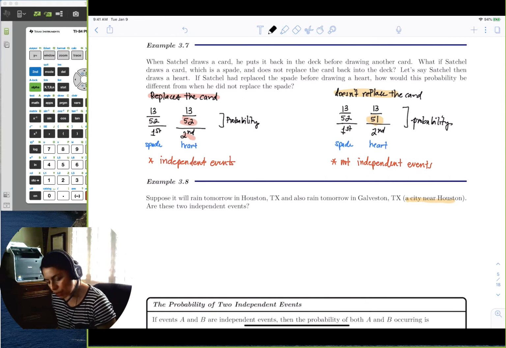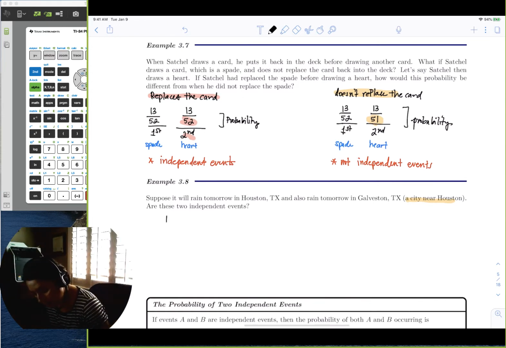So are these two independent events? We would have to say no, because if it rains in a nearby city, most likely it will rain in the next city.